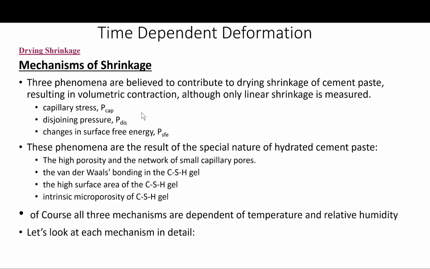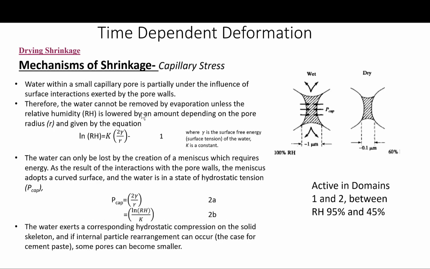Also, these three phenomena, the capillary stress, disjoining pressure, and the change in surface free energy, are dependent on both relative humidity and also the temperature. So let's look at each mechanism in detail to some extent.